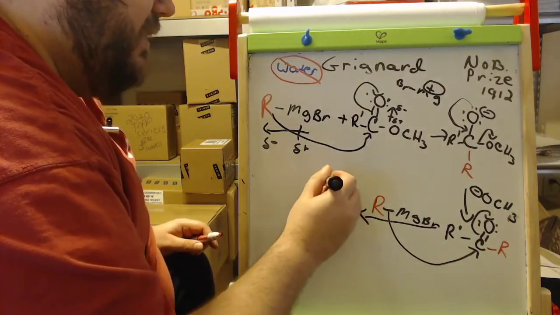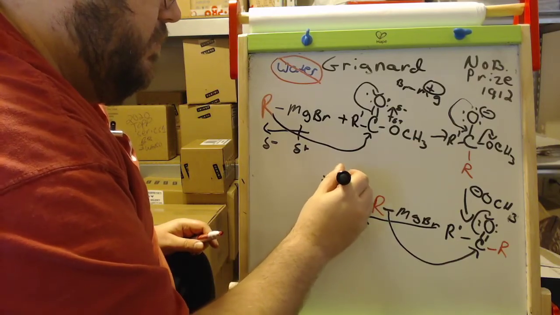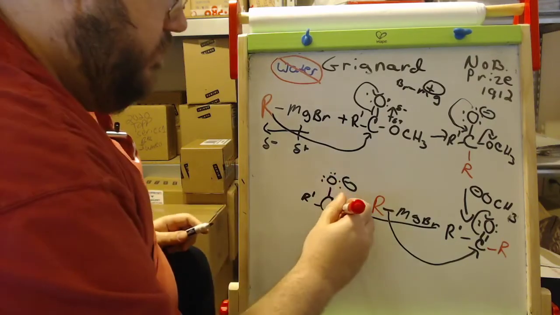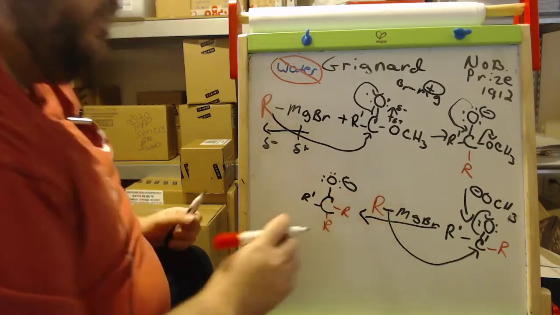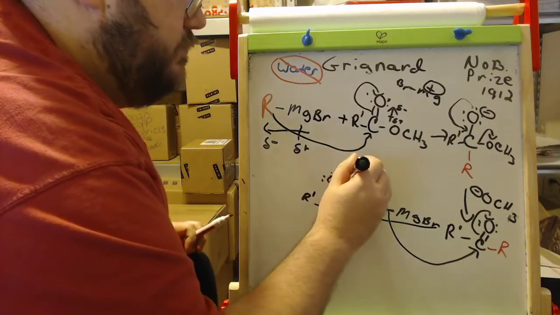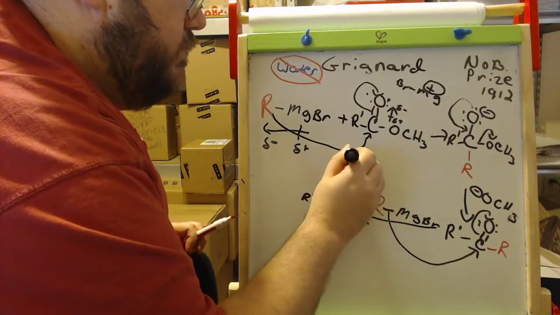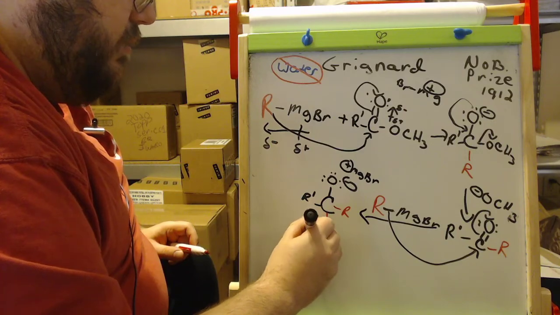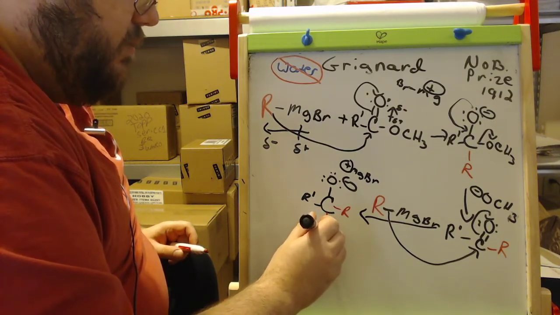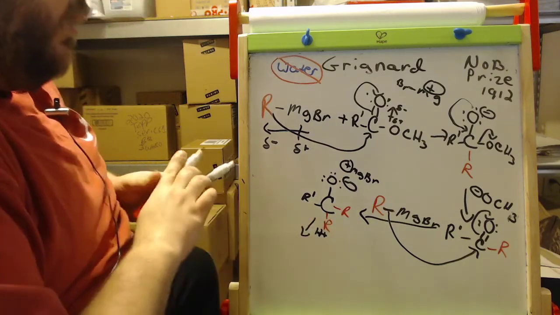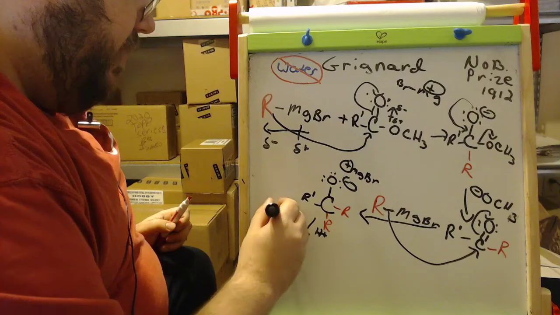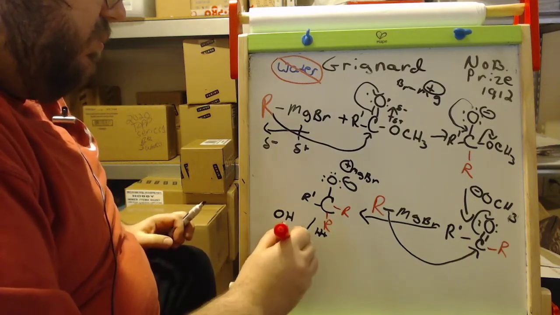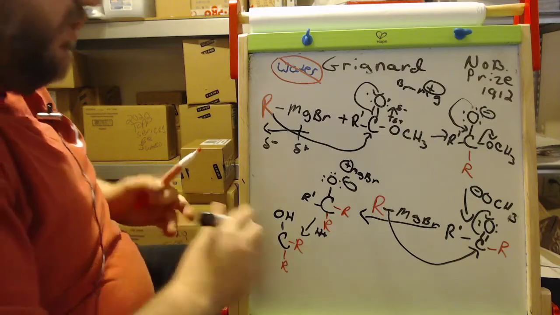Have an intermediate that looks like this. Then treat it with our acid, and end up with a product of an alcohol eventually that's bonded to two new carbon chains from our Grignard reagent.